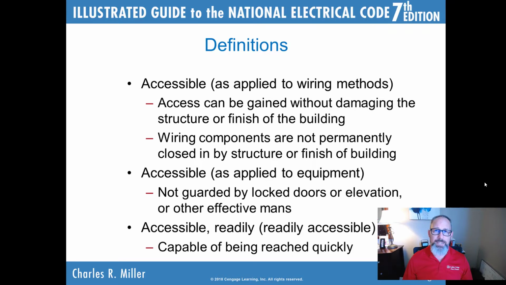One, for being able to maintain it, and two, for being able to ensure that the installation is correct so that it's not going to start a fire. Also, the wiring components are not permanently closed by a structure or finished building. So here's an example.